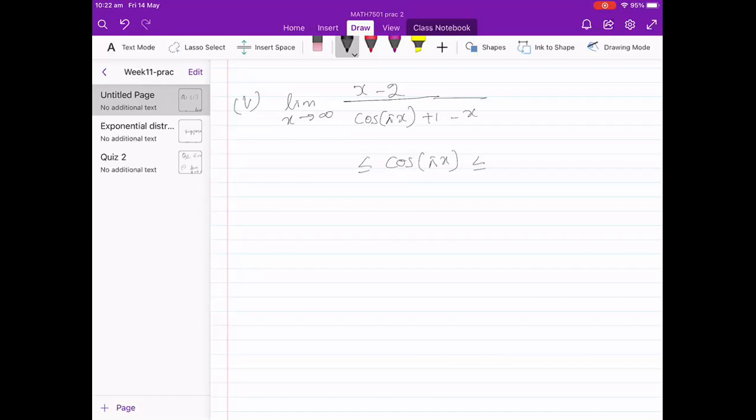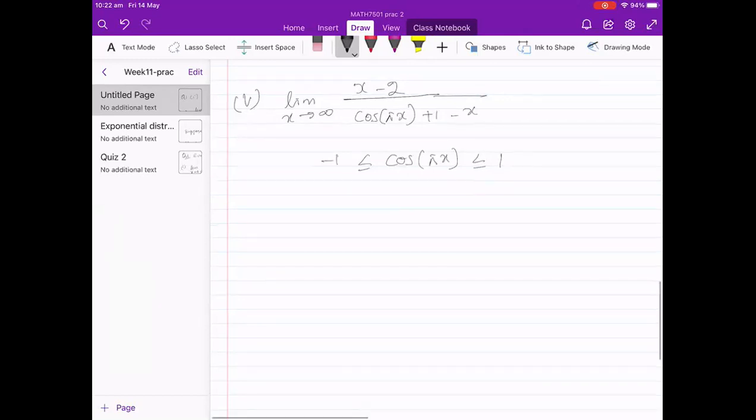That's between -1 and +1. Then you can add +1 minus x. You can straight away add it.